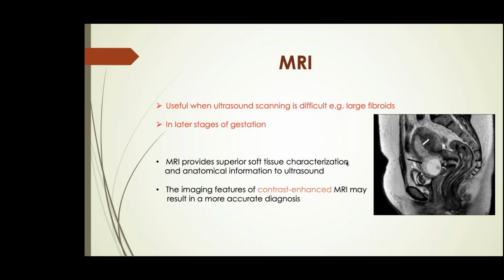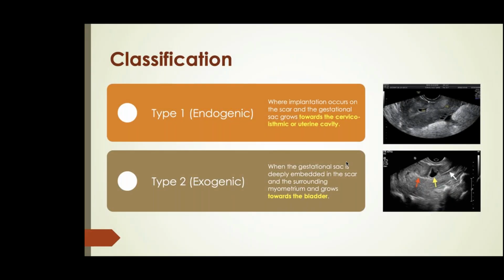But in early pregnancy without any uterine anomalies, ultrasound should be enough. And if you were asked, would you use the MRI with contrast or without contrast, you choose MRI with contrast, as it will give you a better delineation of the sac.